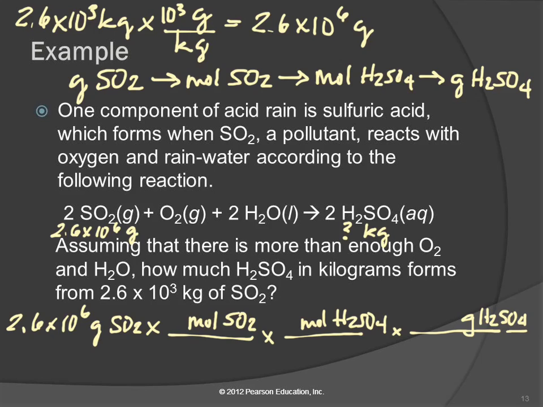We take the grams of SO2 and those go down there. So this unit is going down here because we want those to cancel each other out. So those cancel out. Then this unit, moles of SO2, goes in the denominator in the next fraction.